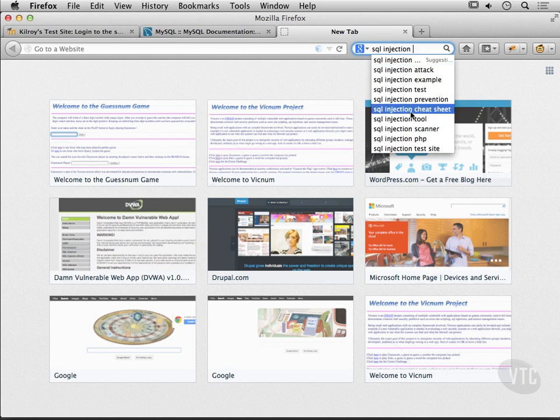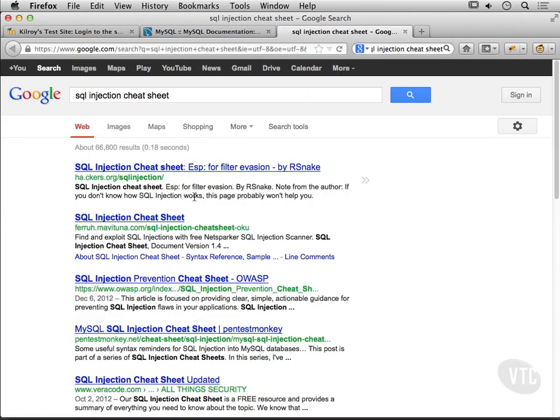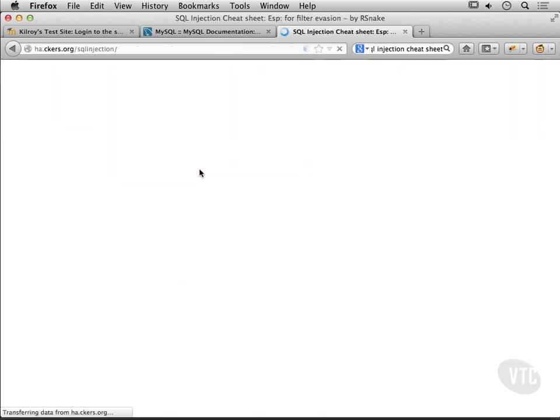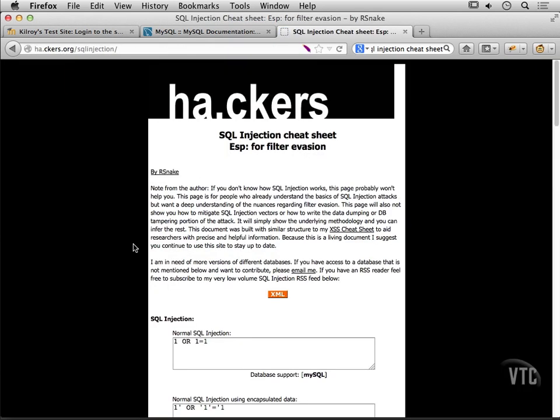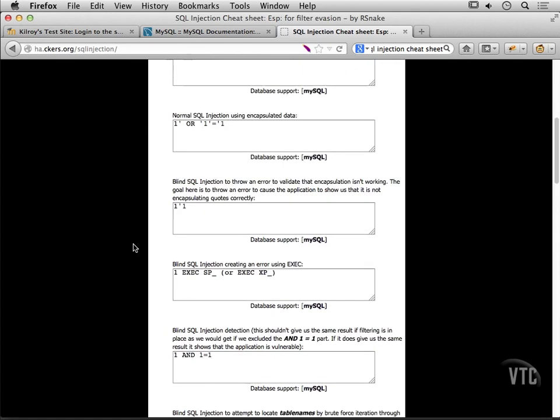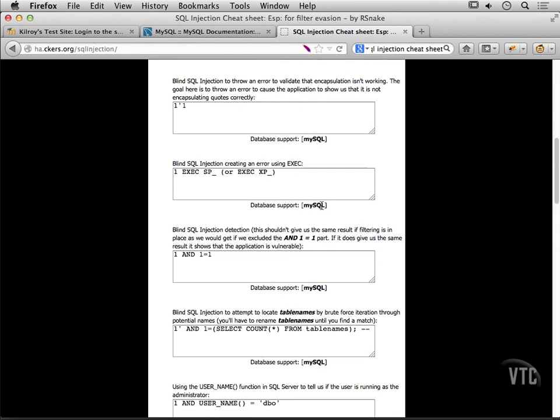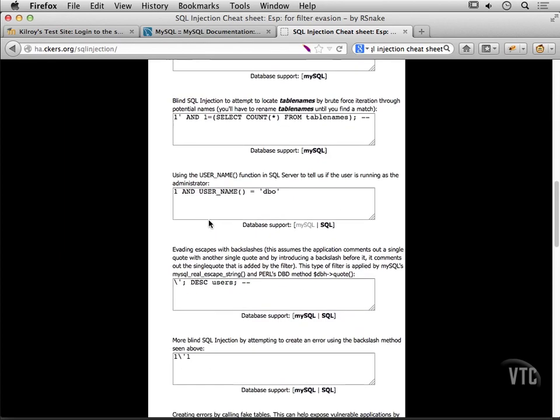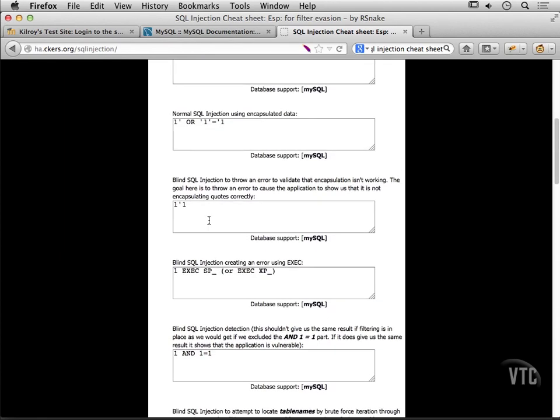So there are various cheat sheets out there that may help you with the manual testing that you need to do. Here are some examples of things that you could do, and of course it tells you the database that is supported as well here. So here are some things that may be helpful.